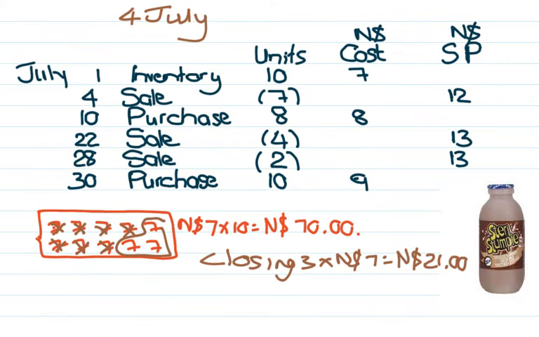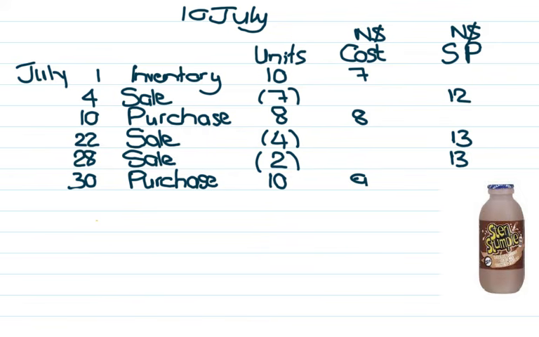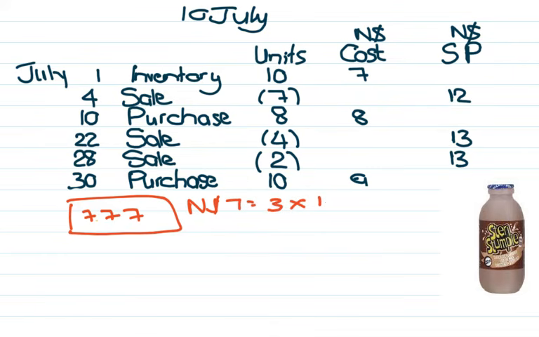The cost price of the ones that you sold was $7. So let me quickly draw the ones that we had left. We had the $7 units left, and we had 3 of them. That was 7 times 3 equals 21.